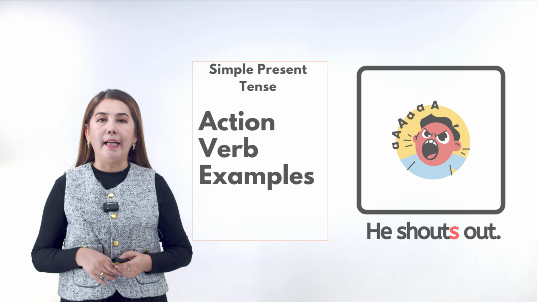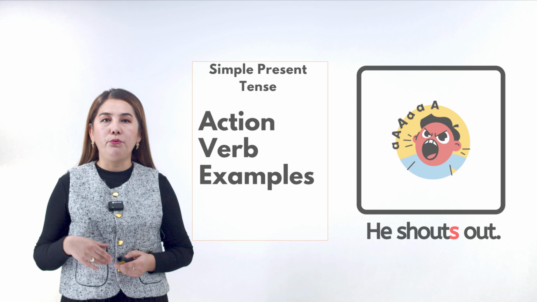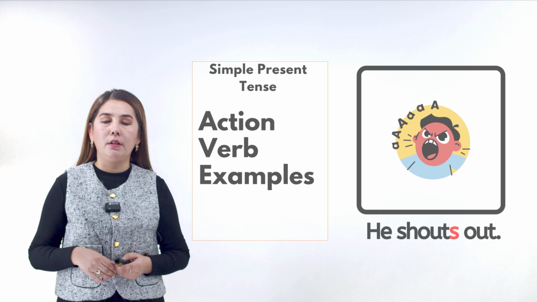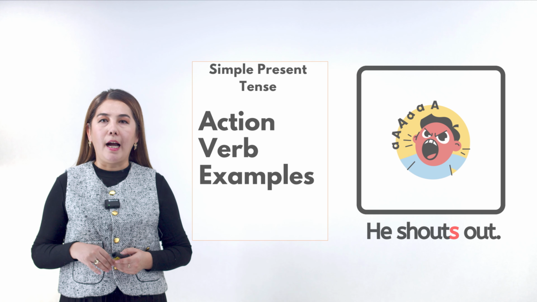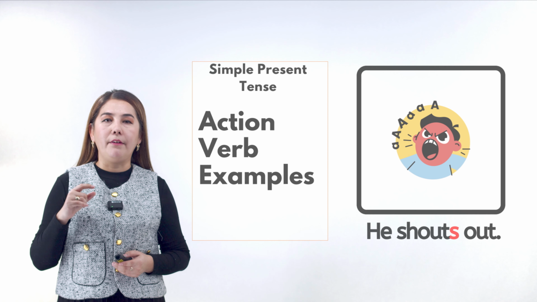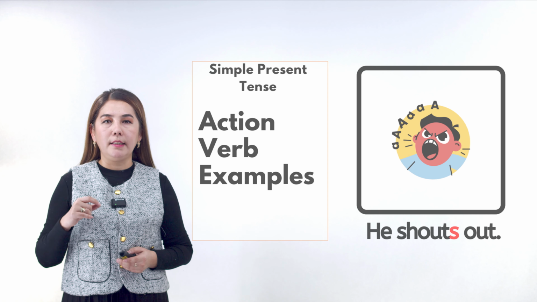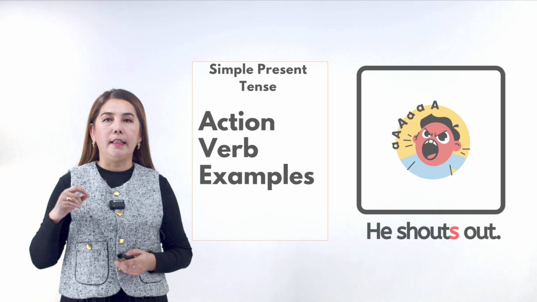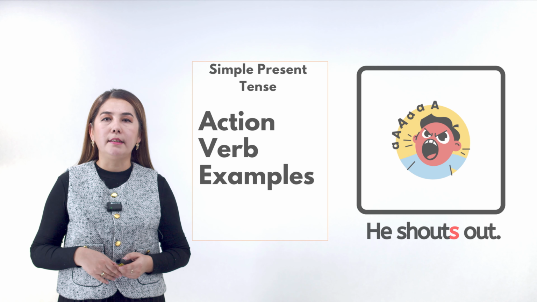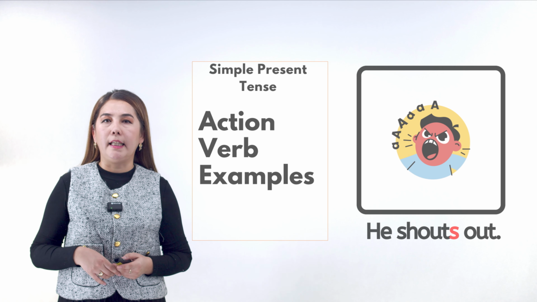Not do, does. Does comes before the subject. The es after do comes from the s after the verb shouts. In that case, the sentence would be like this. Does he shout out? It's the question form of the sentence.